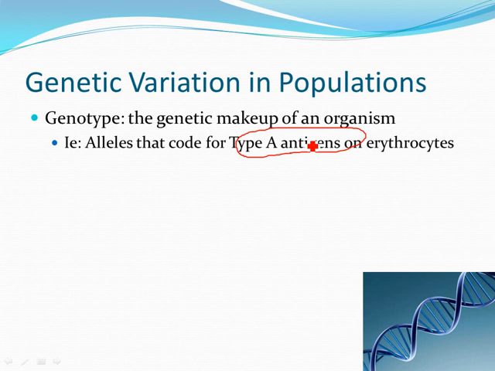No. Antigens are proteins that are on our cells. If we're talking about erythrocytes, they're on our erythrocytes to help us recognize our own cells, so our immune system won't attack them. Versus if there's a bacteria or something, they'll have their antigens, but those will be foreign antigens, so our immune system will attack that.